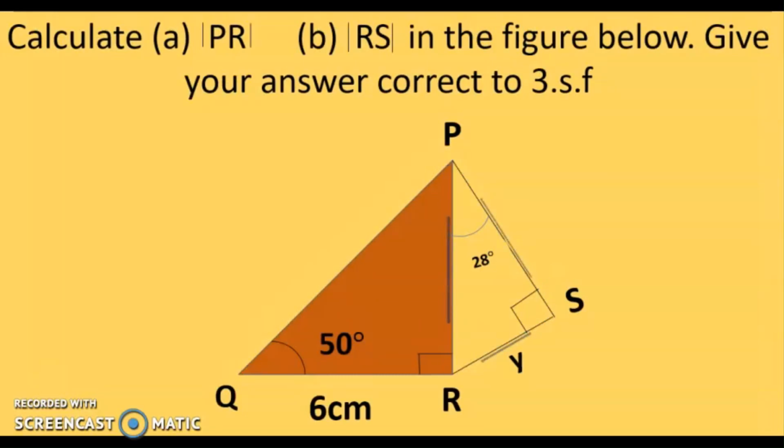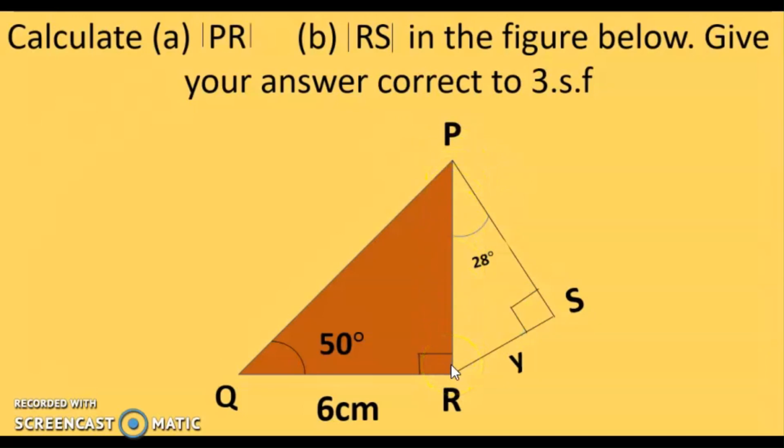This is the second triangle, triangle PRS, which is right angled at point S. Now, given these two triangles, we are asked to find PR. This is the side of PR. How do we find PR?